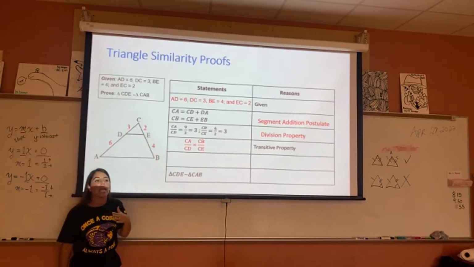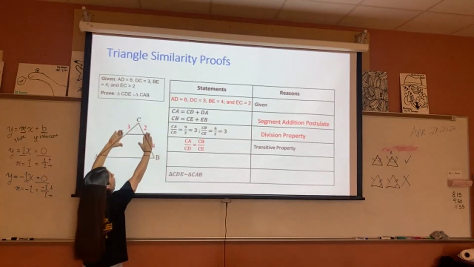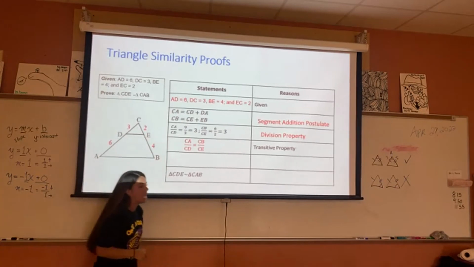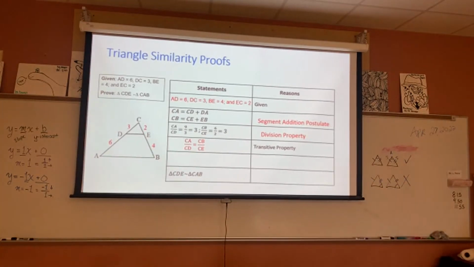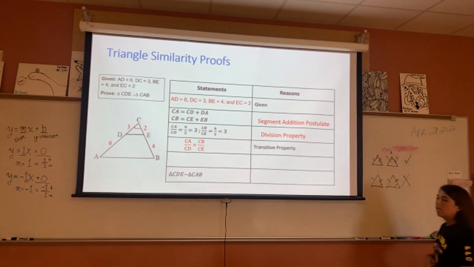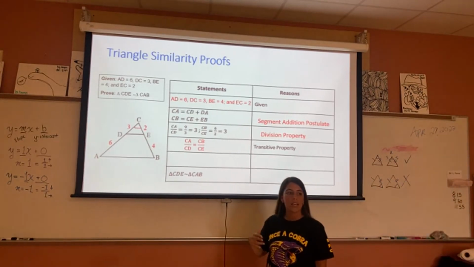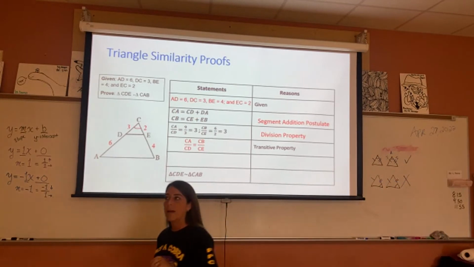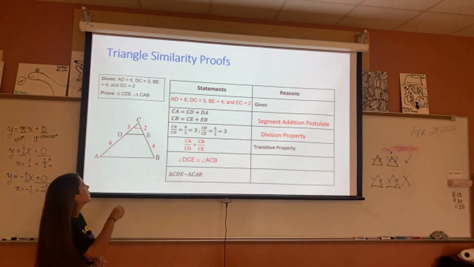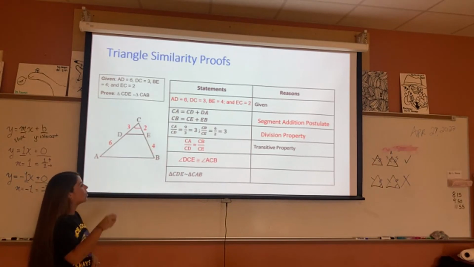I know my congruent angle needs to fall in between these two sides, which leaves me with the only possibility for the angle I need to prove congruent is this one. Now, that's angle C. However, both triangles are sharing that angle, so we can't just call it angle C. In my little triangle, it's angle DCE. In my big triangle, it's angle ACB.